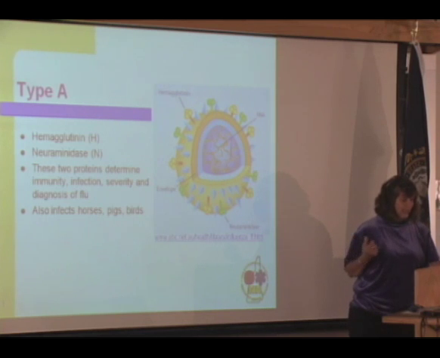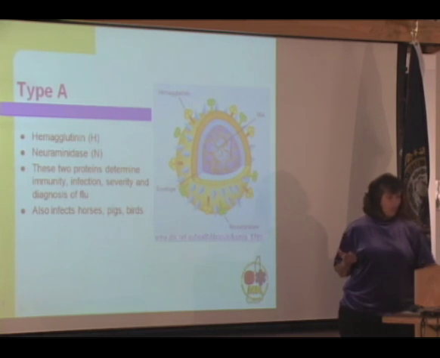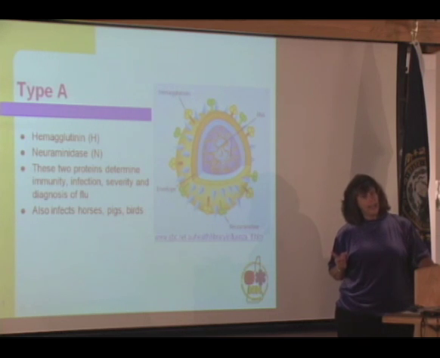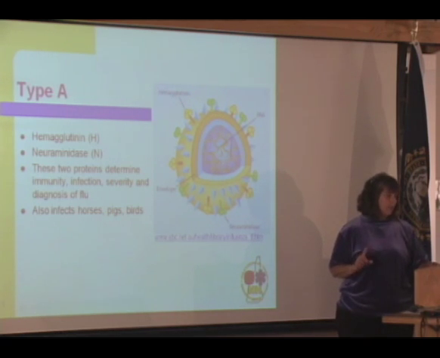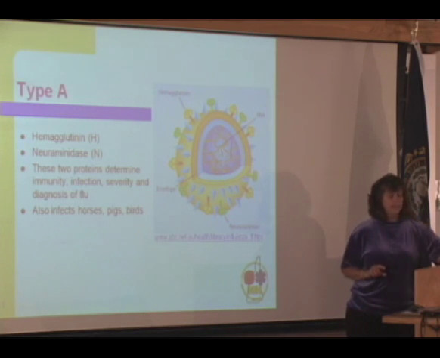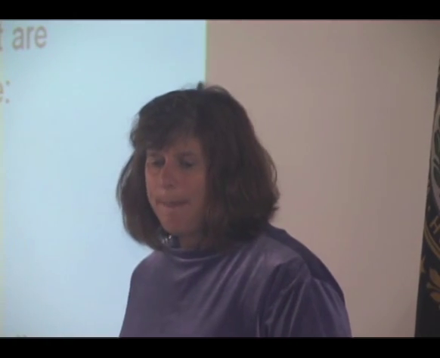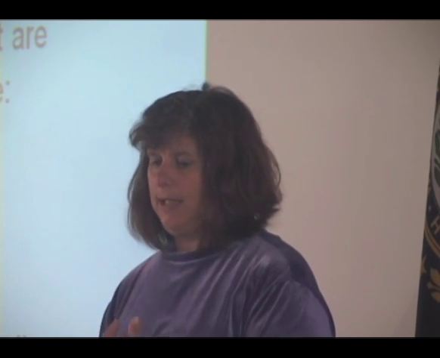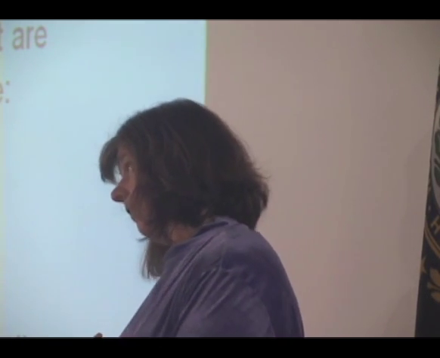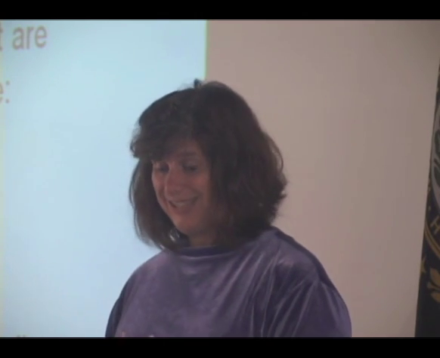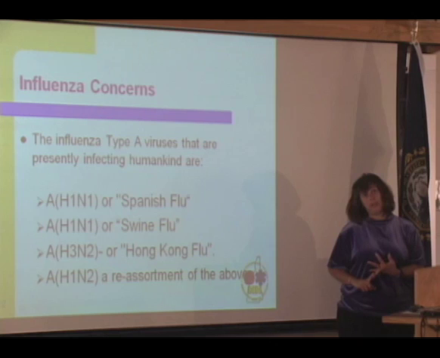Now, the tricky thing is that there's more than one H and one N, and we'll talk about that on the next slide. There are about 9 neuraminidase subsets and 16 hemagglutinin subsets.